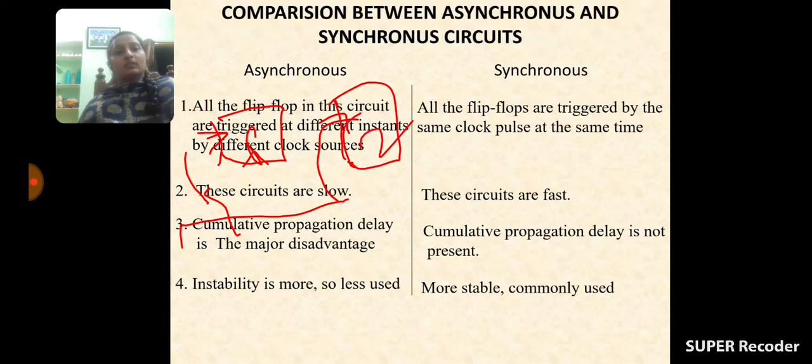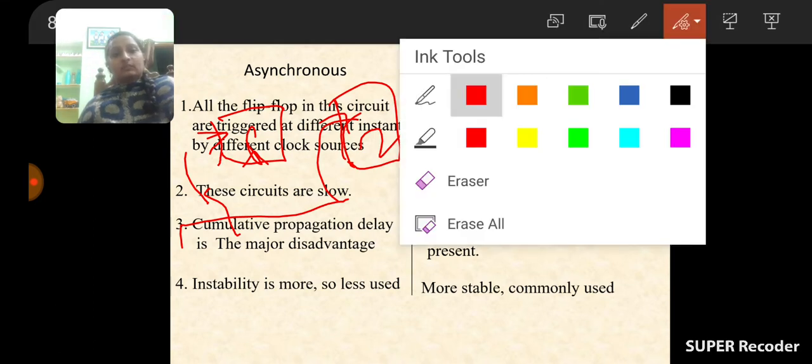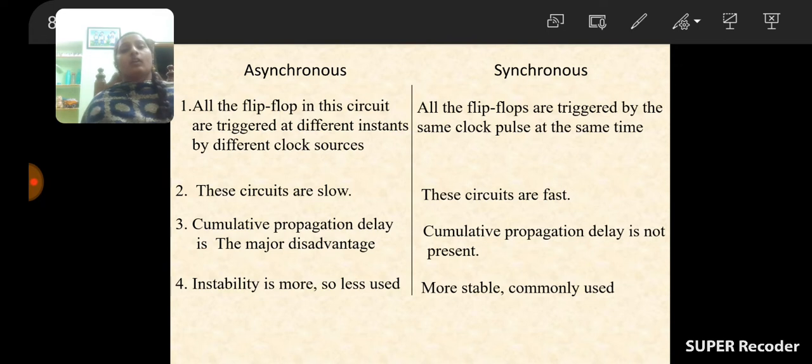This is about synchronous and asynchronous circuit clocking. Is it clear? In asynchronous, all the flip-flops in the circuit are triggered at different instants by different clock sources. But in synchronous, all the flip-flops are triggered by the same clock pulse at the same time.